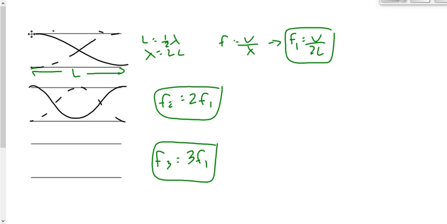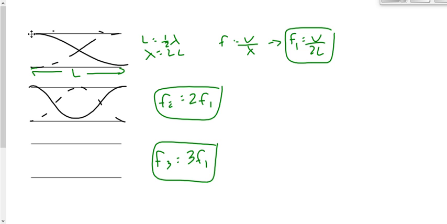So here's the deal. If you get a string that's attached at both ends, or if you get a pipe-like thing that's open at both ends, in other words, if both ends are the same, then the first harmonic is V over 2L, and you have the second and the third and the fourth.